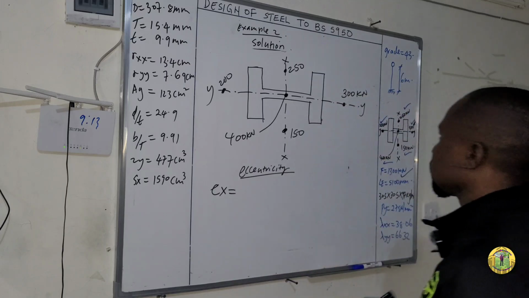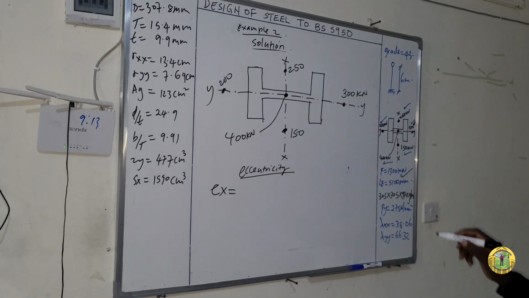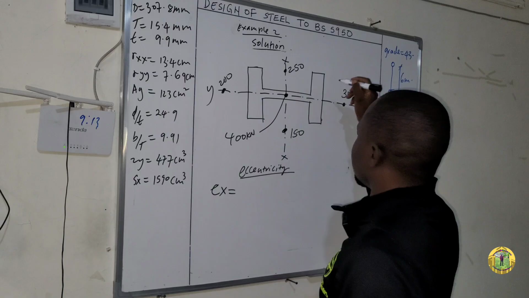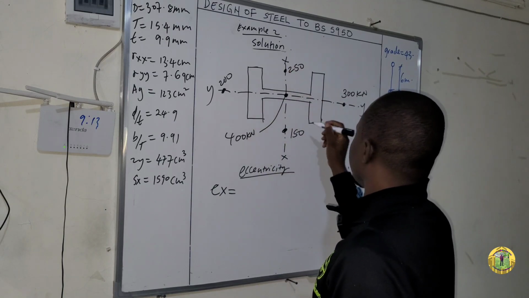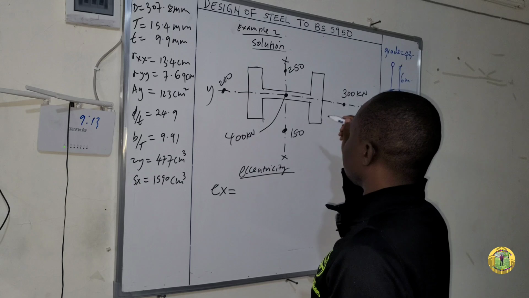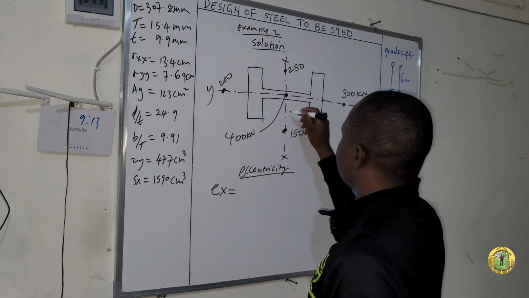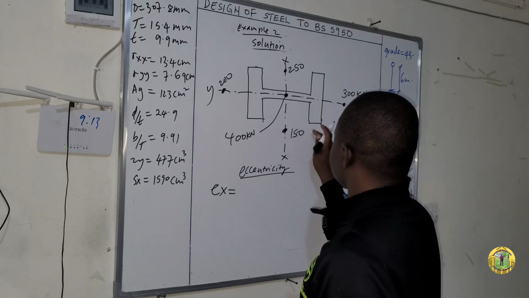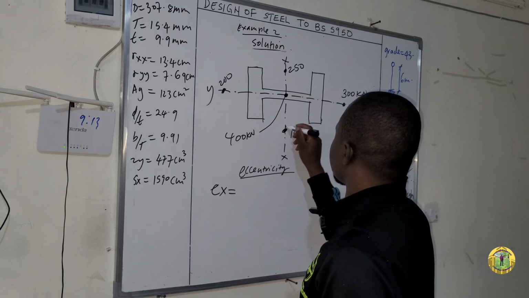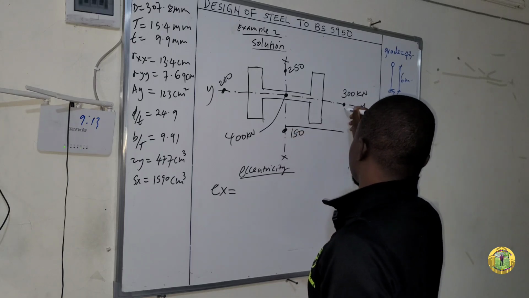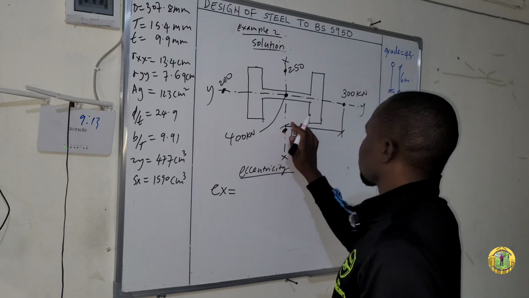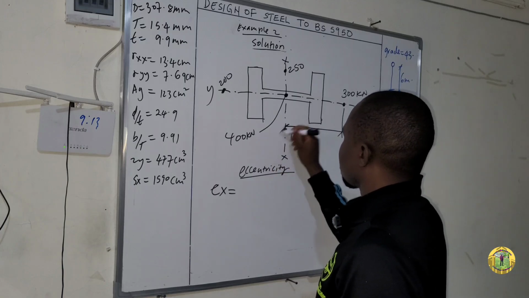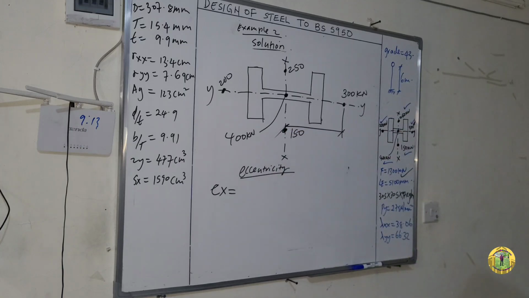EX will be this distance, because this is the YY axis and this is the XX axis. Eccentricity means away from the center. So this is the center, and this is the distance, like that.